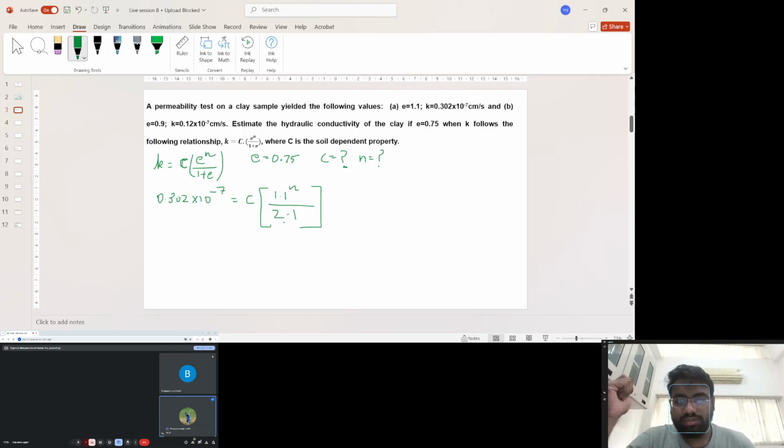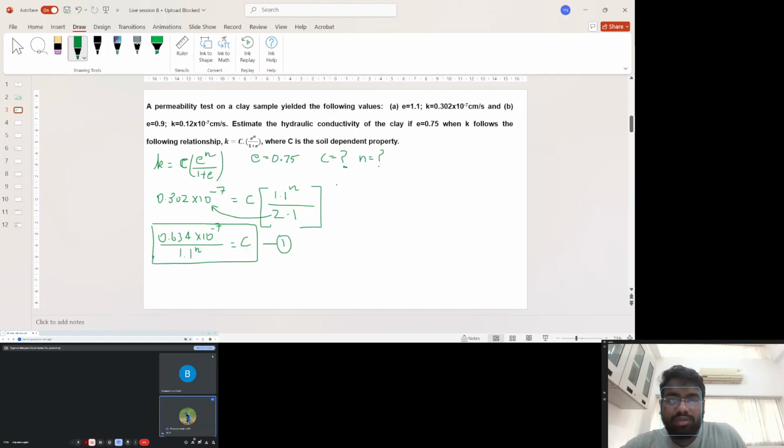So this can be rewritten by taking this to this side: 0.302 into 2.1, which gives us 0.634 into 10 power minus 7 by 1.1 power n is equal to C. So this will be equation 1.